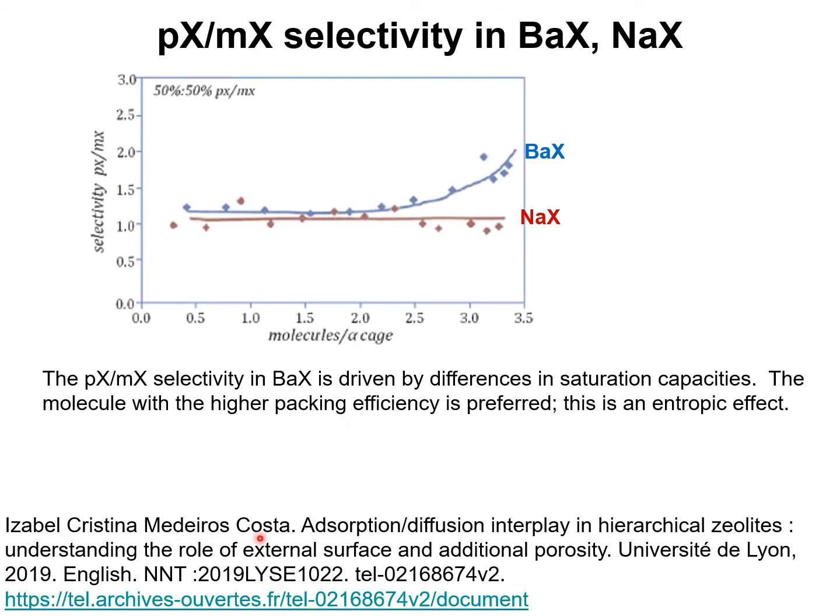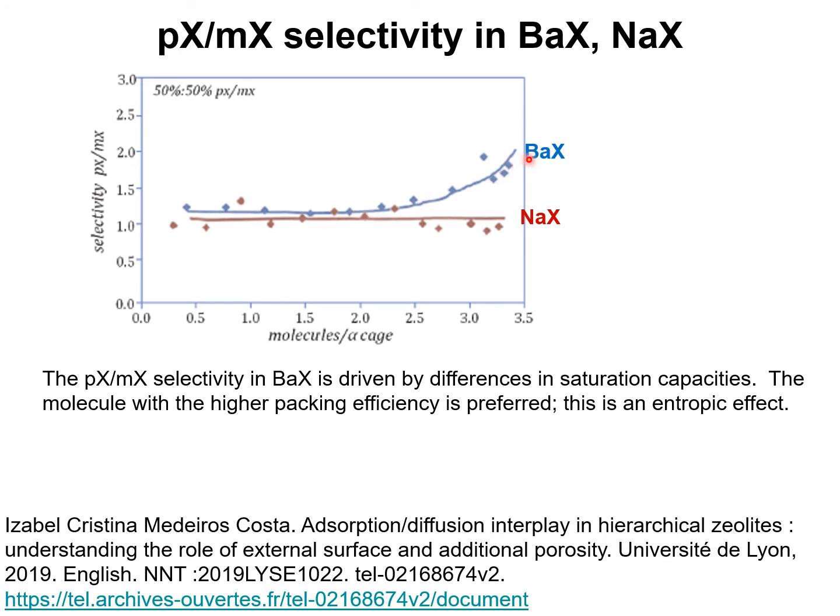The thesis of Costa contains an interesting and important graph showing the selectivity of para-xylene with respect to meta-xylene as a function of the total loading per alpha cage of faujasite zeolites.